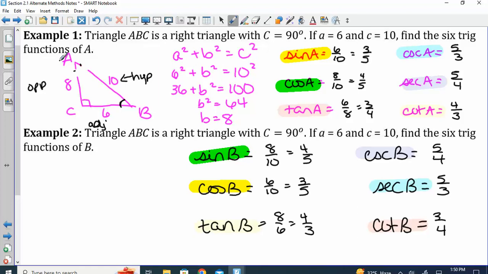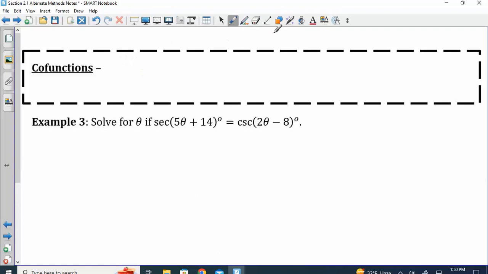Tangent of one equals cotangent of the other. Secant of one equals cosecant of the other. This has a name. These are called cofunctions. So cofunctions are equal when the angles are complementary.